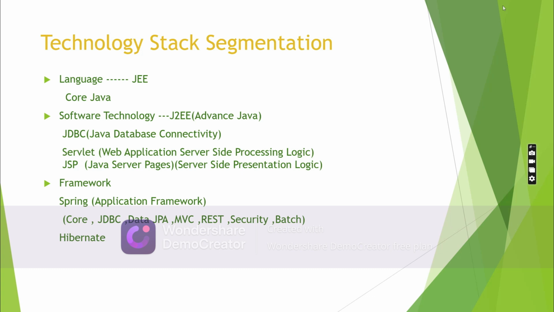Let's move on to the technology stack segmentation part. As we have discussed programming language, software technology, and frameworks, let's continue from there. When it comes to language, it refers to learning core Java or JEE basics, including syntax, variables, methods, constructors, conditional statements, looping statements, object-oriented principles, multi-threading, exception handling, the collection framework, and the java.lang package.